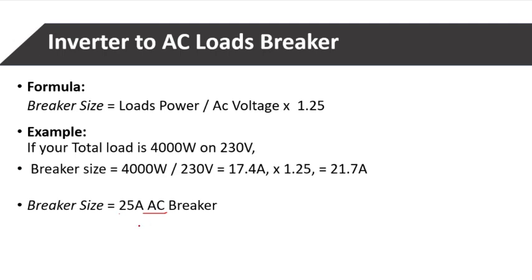So if you are installing a breaker there, make sure it's a DC breaker, not an AC breaker, between your solar panels and your charge controller or your hybrid inverter. And between your AC load and your inverter output is AC, so make sure you're installing an AC breaker here and not a DC breaker.